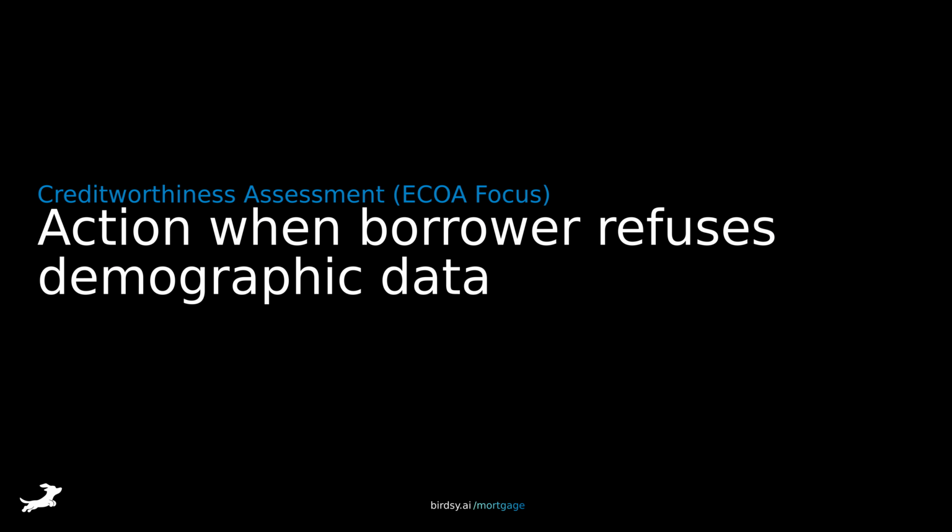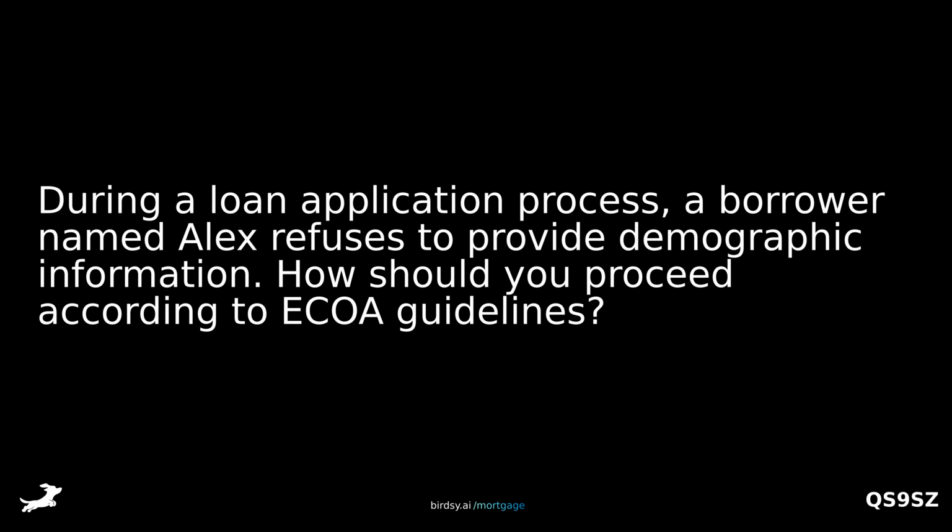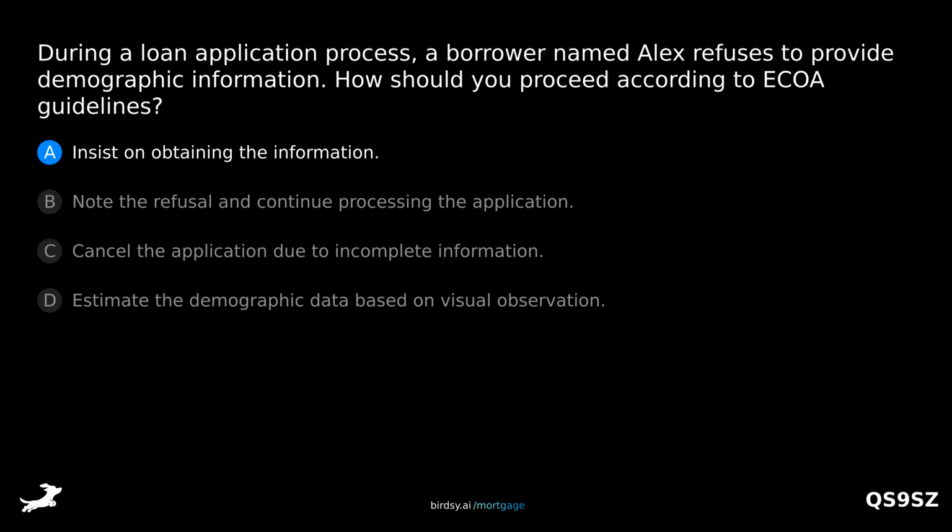Action when borrower refuses demographic data. During a loan application process, a borrower named Alex refuses to provide demographic information. How should you proceed according to ECOA guidelines? Is it A, insist on obtaining the information? B, note the refusal and continue processing the application?